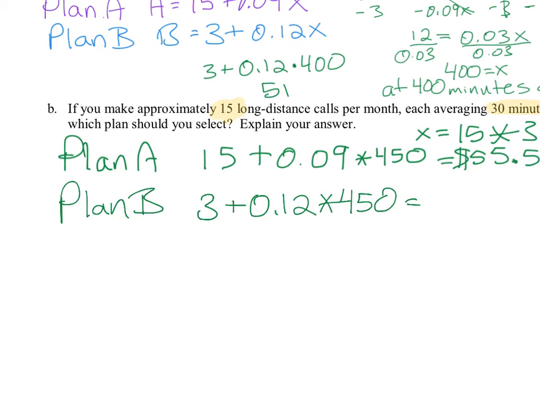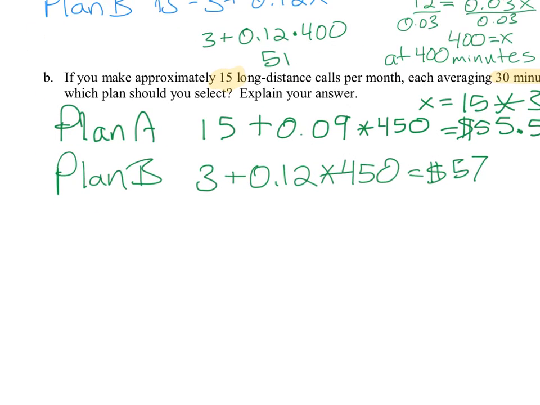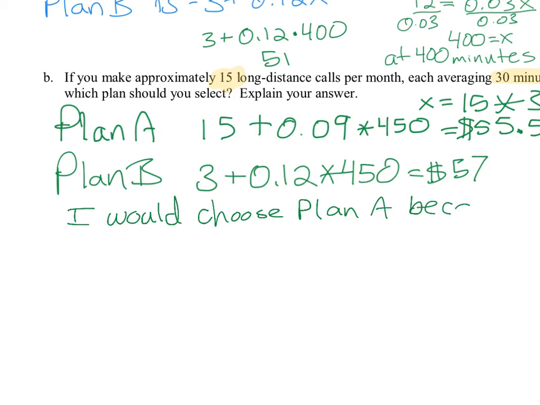And 3 plus 0.12 times 450. Yes, and I get 57. So this one costs $57. So the question is, which plan should you select? I would choose plan A because it is $1.50 cheaper.